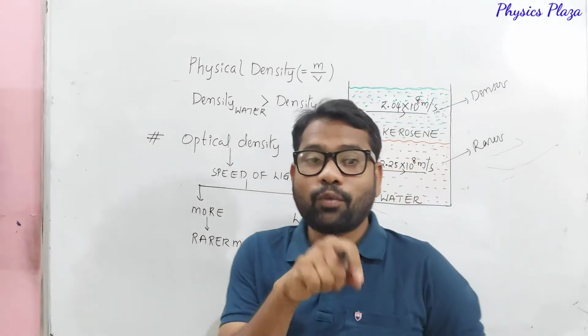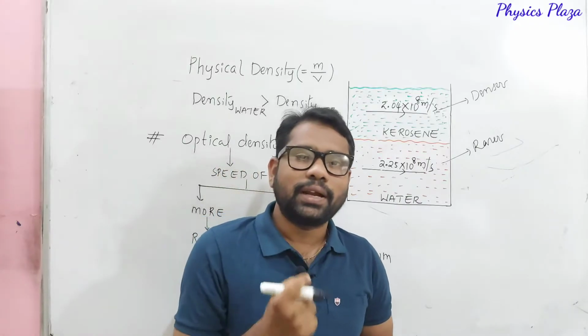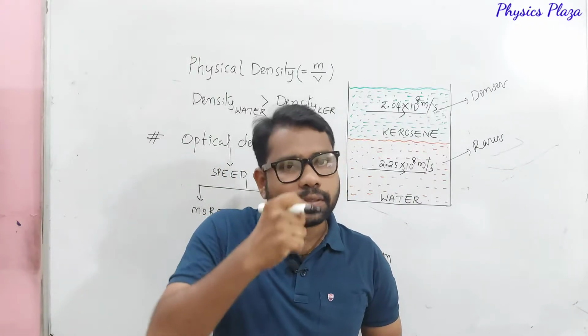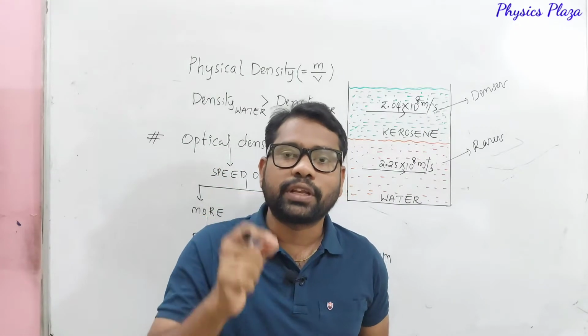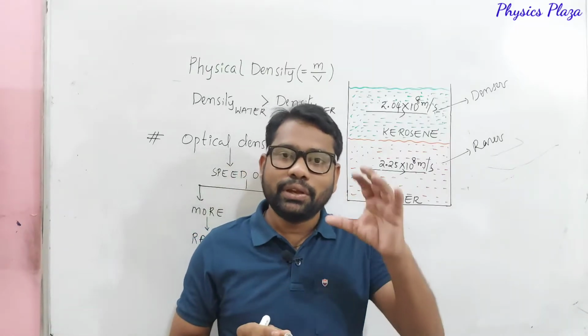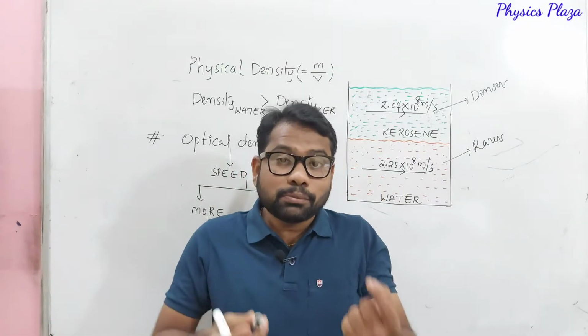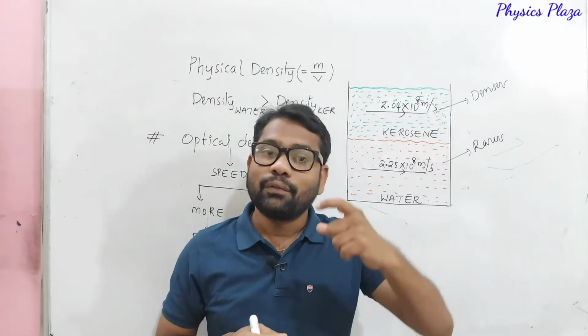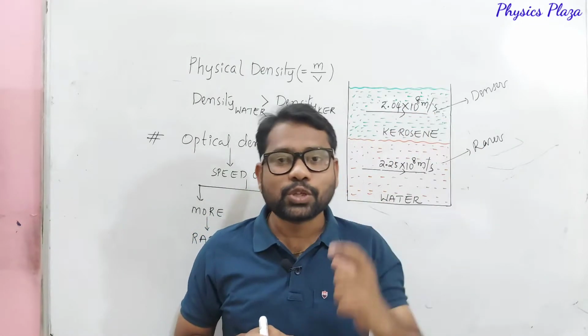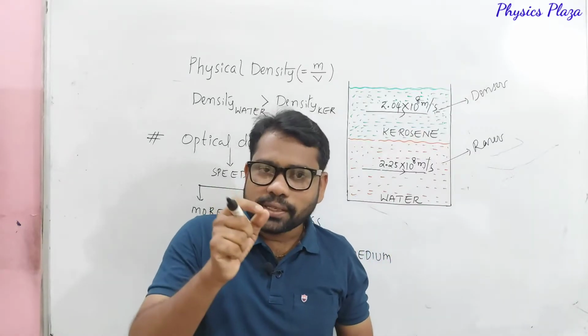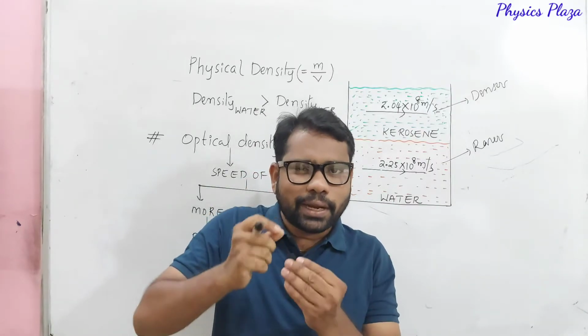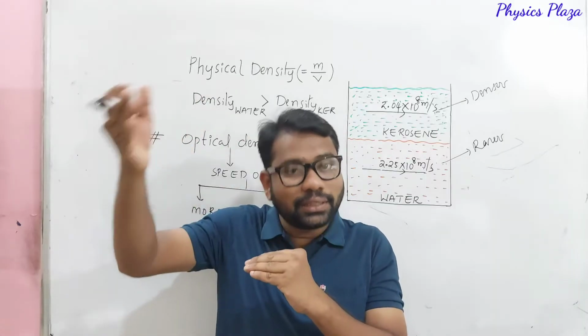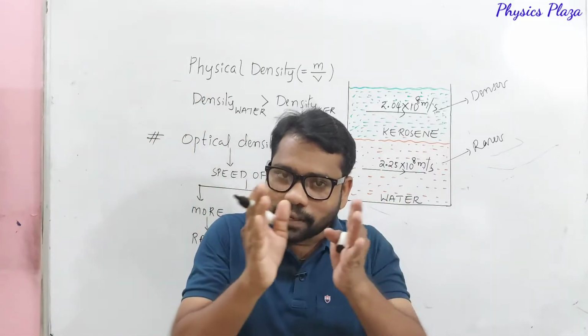So, children, on what basis? Optical density is defined completely in terms of speed of light only. The medium in which light travels faster compared with another medium is called the rarer medium, whereas the medium in which light travels slower compared with another medium is called the denser medium.